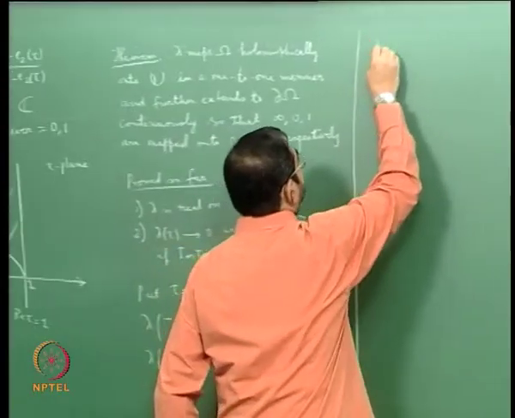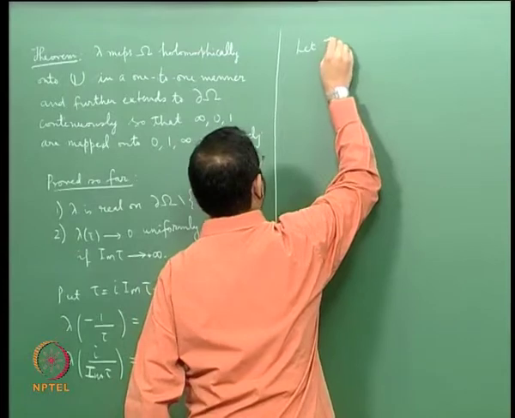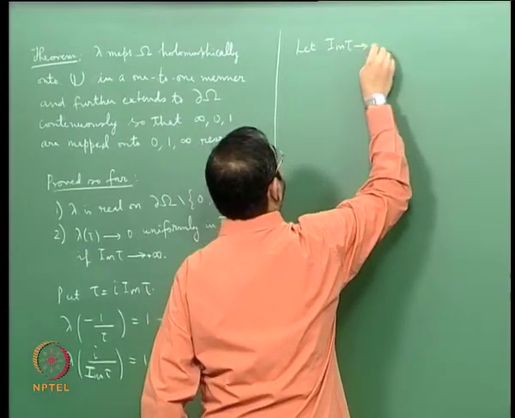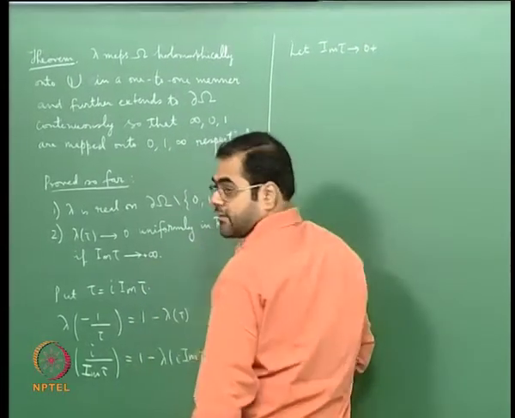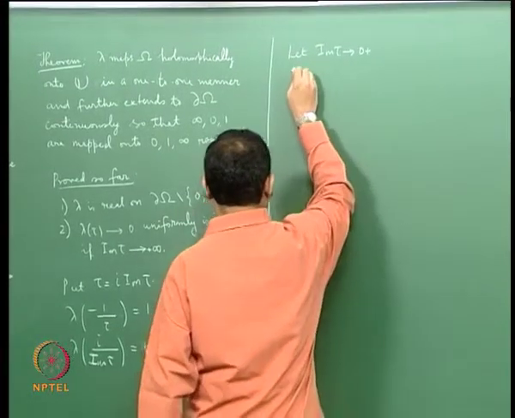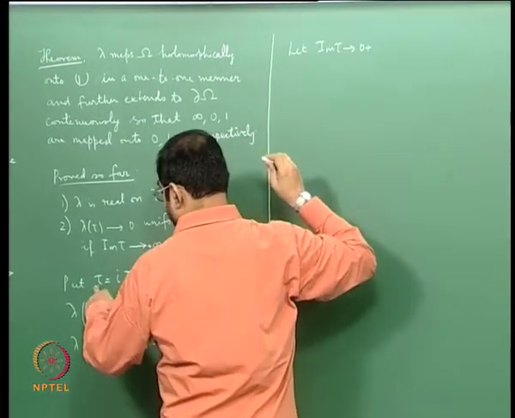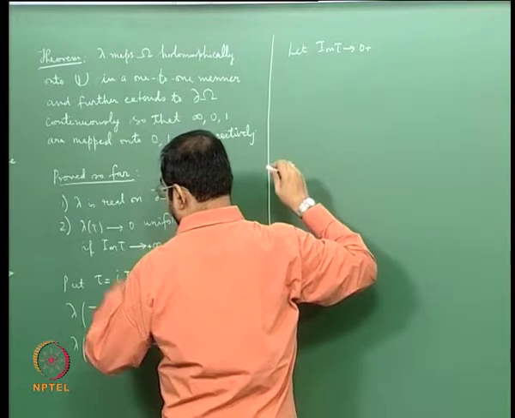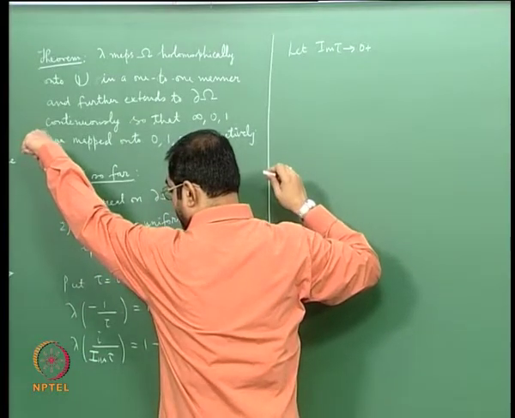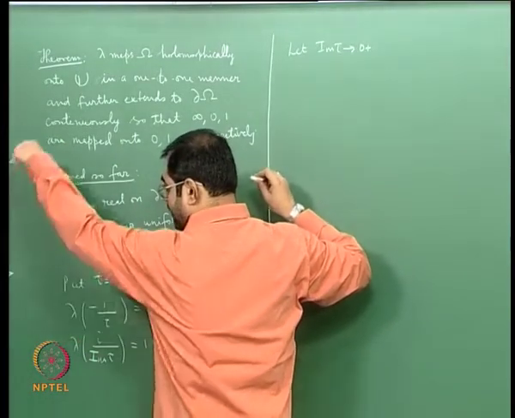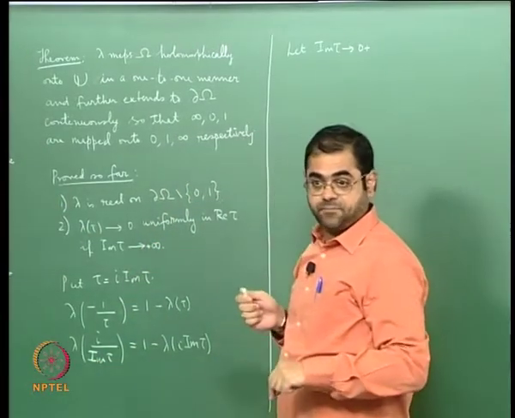Let the imaginary part of tau tend to 0 plus. So what you are doing is letting tau approach 0 along the imaginary axis.